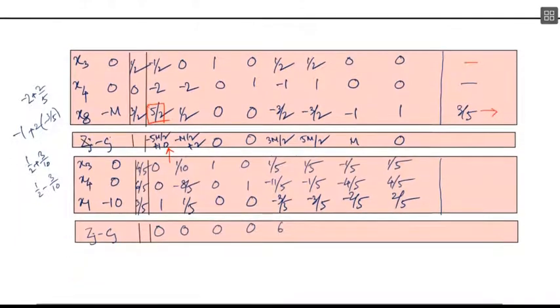Whose column we have written? So here it will be plus m. It will be 6, it will be 4, and it will be m minus 4.